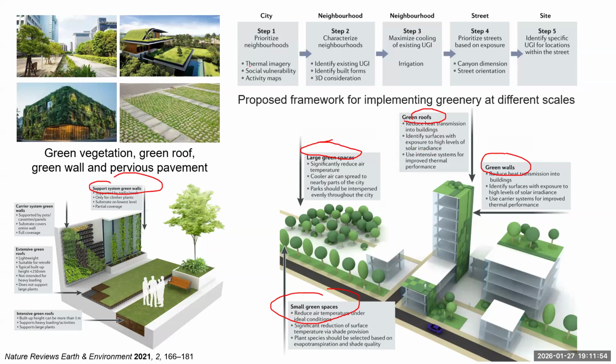This is because there's thermal imagery to identify the sites with the highest temperature, so the spaces suitable for the greenery. We can also use intensive and extensive systems, ways to improve the thermal performance. I think it's similar for the green walls.